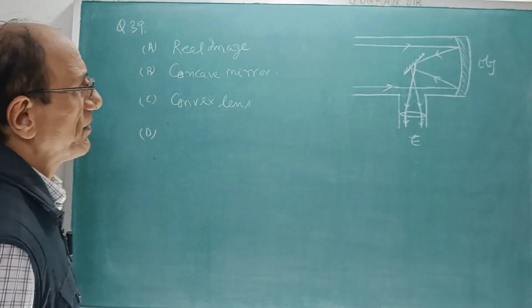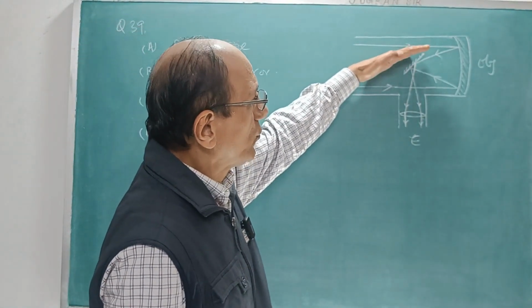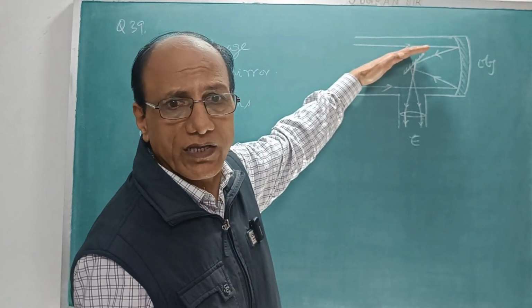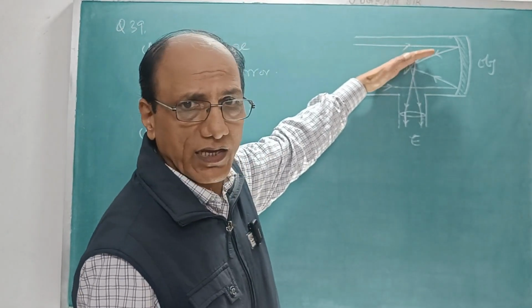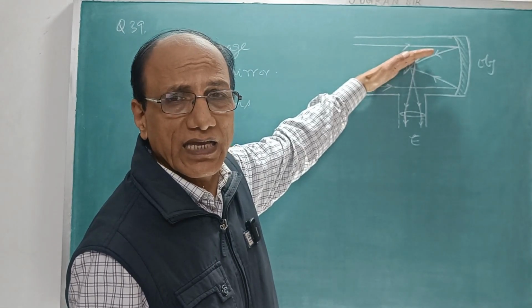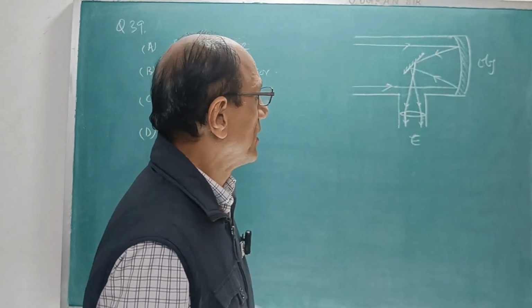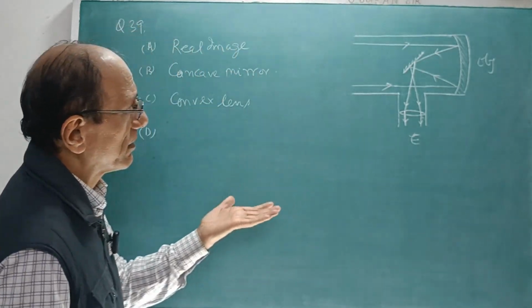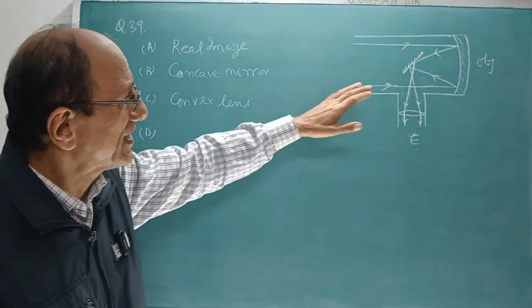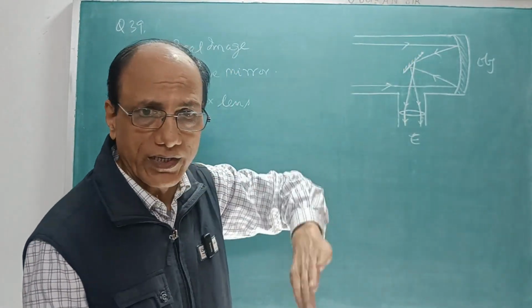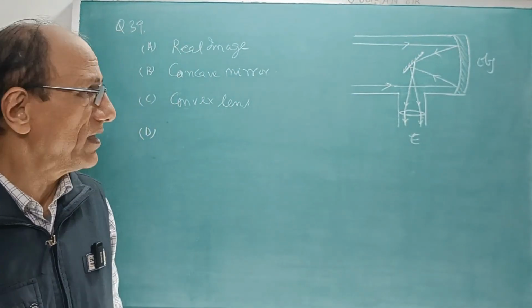The role of the plane mirror is to invert the image. So the real image will be there, but it is inverted. The plane mirror is already inverting it laterally.